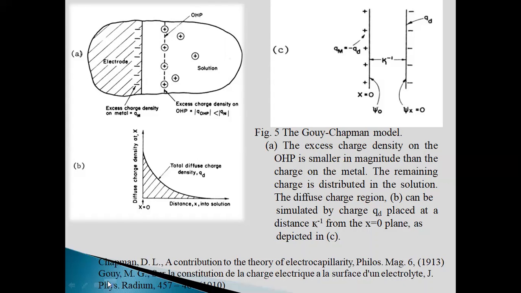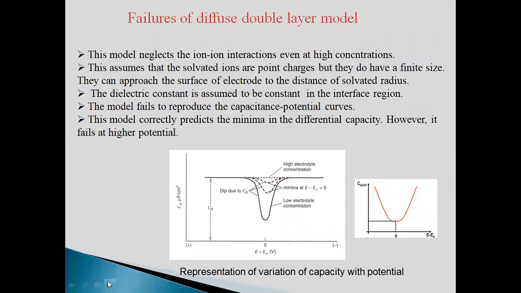So, what are the failures of this diffuse double layer model? One of the most important failures is that it assumes that the ions are point charges, so they can approach the surface of the electrode without any restriction of distance. But this is not so. They are also solvated.